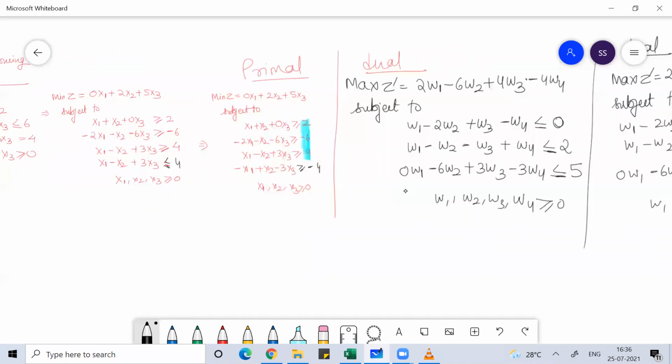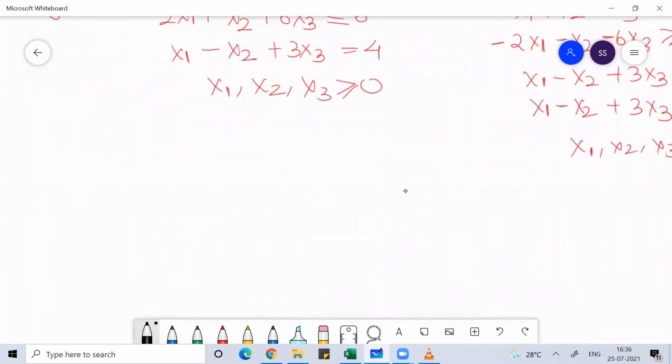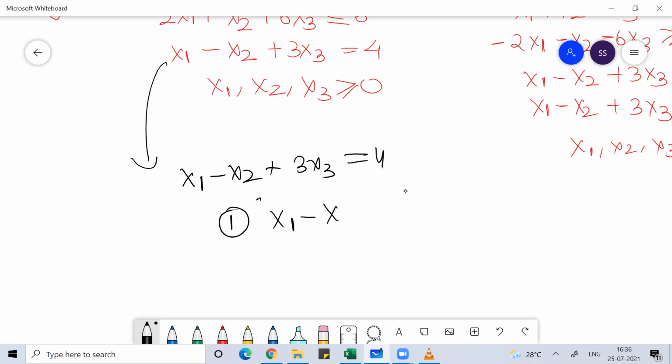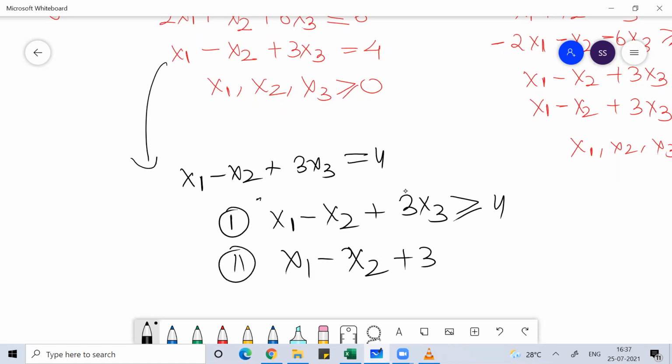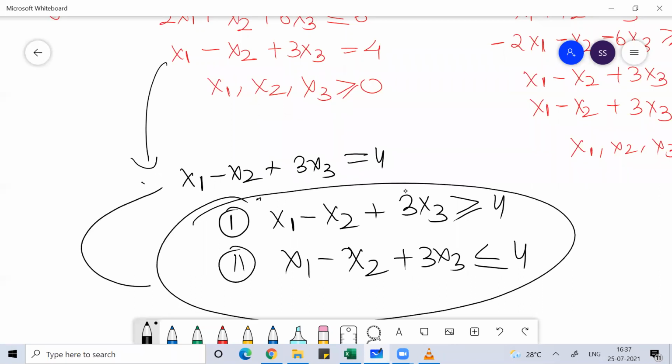If it is like this, Aishwarya, x1 minus x2 plus 3x3 equal to 4, I can break this into two parts. It can be x1 minus x2 plus 3x3 greater than or equal to 4, and x1 minus x2 plus 3x3 less than or equal to 4. The sum total of these is equal to this.